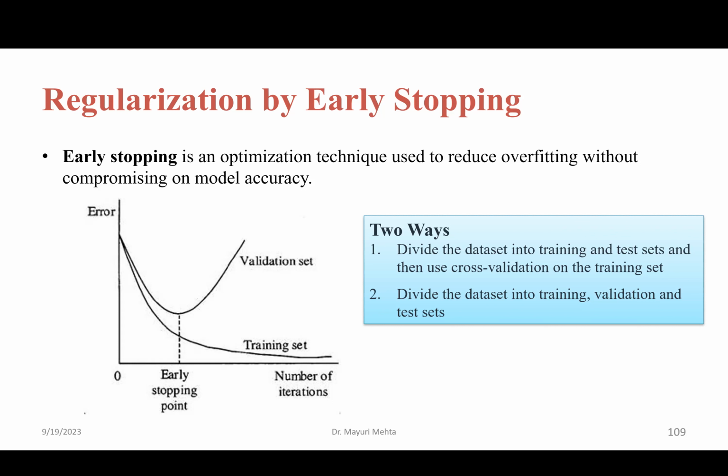In this case, cross validation is not required because we are using a validation set. Now in this second case, we will discuss the early stopping mechanism. In early stopping, the algorithm is trained using the train set, and the point at which to stop the training is determined from the validation set.